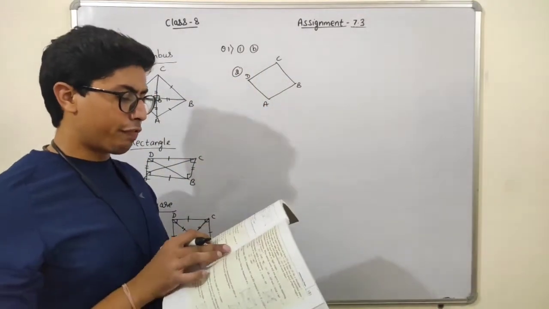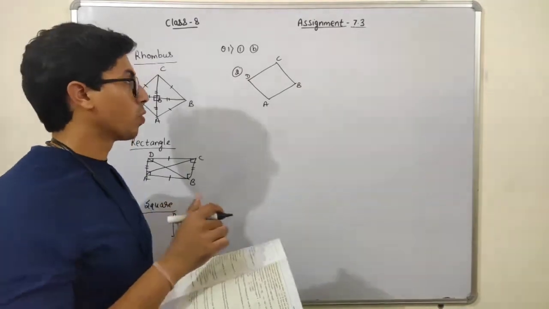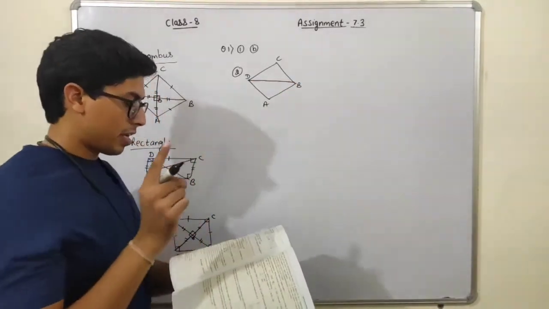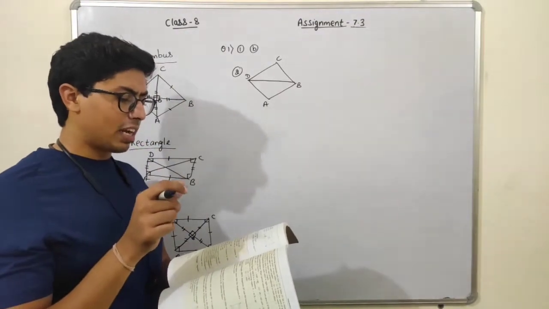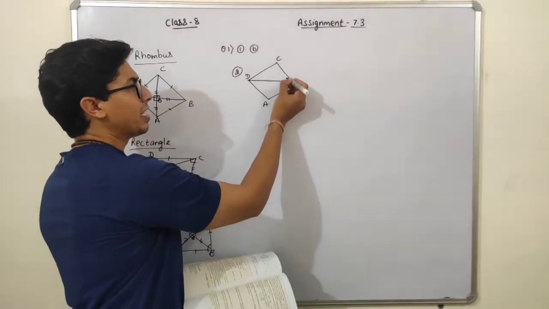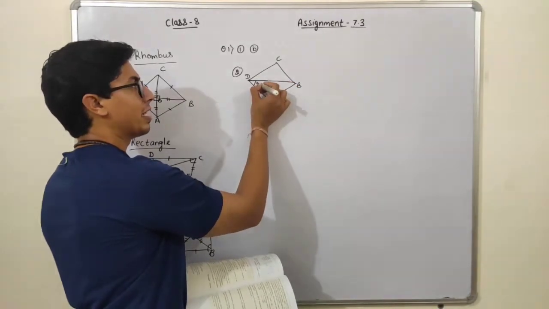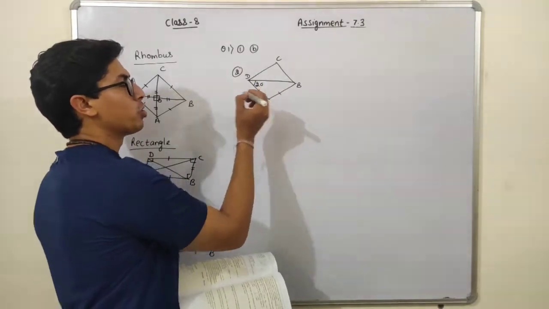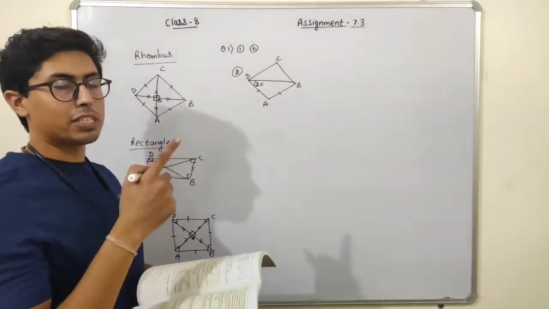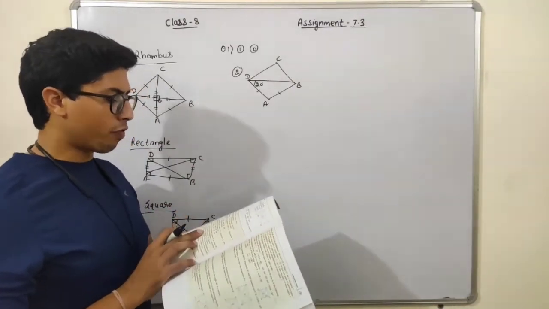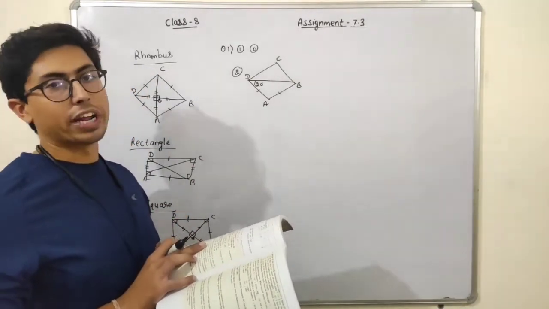If one of the angles formed by the diagonal and adjacent side of the rhombus is 20, I can take any of them 20. Like if I say this is 20. Now see, AD is equal to AB, because all the sides of rhombus are equal. Now students, I have to find out all the 4 angles.